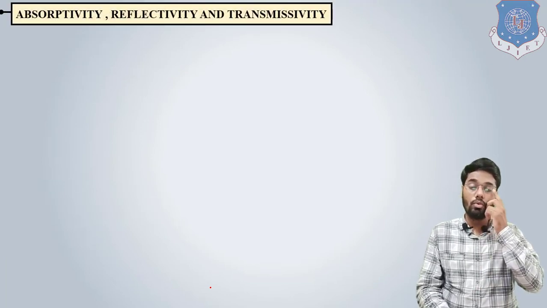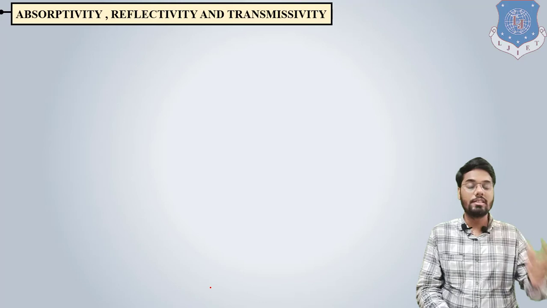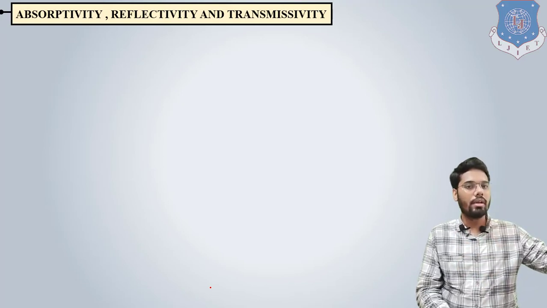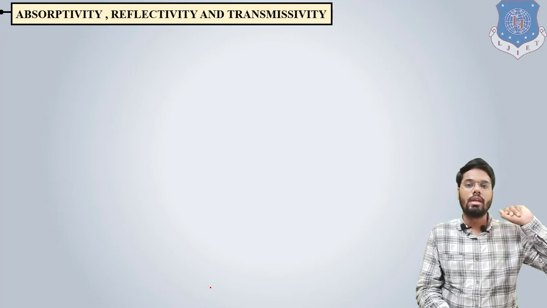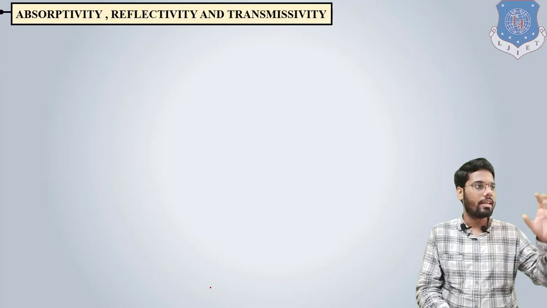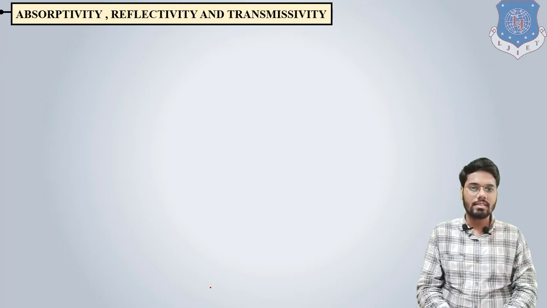Now, as we know that electromagnetic wave is responsible for the radiation mode of heat transfer, so it is a wave. So when an electromagnetic wave which is emitted from body 1 is incident on another surface, body 2, there are some wave properties like absorptivity, reflectivity and transmittivity. So let's discuss that.